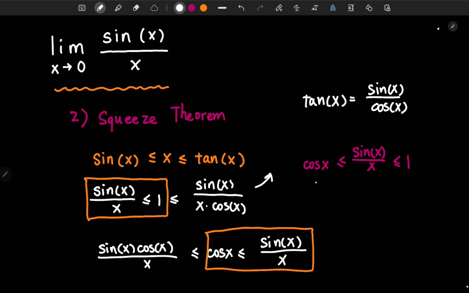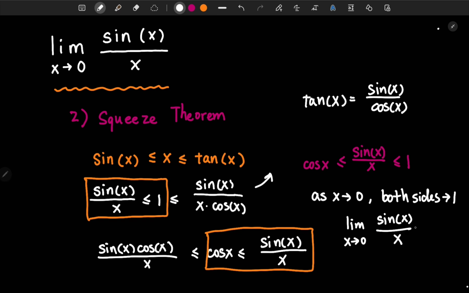And we know as x approaches 0, both sides go to 1. Therefore, we have the limit as x goes to 0 of sine x over x is equal to 1. The same answer as previously.